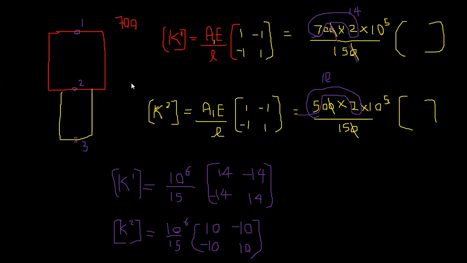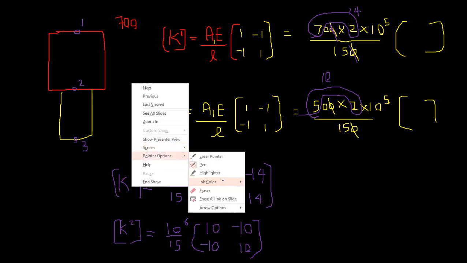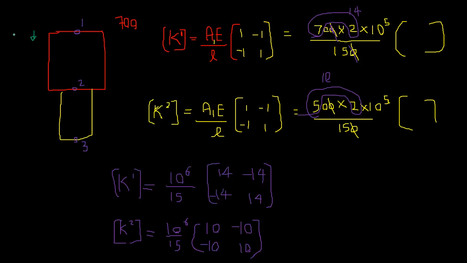Okay, so at the first node, theoretically you should have u1 and a reaction, let's say a force of F1, right? And here you should have a displacement of u2 and a force of F2.